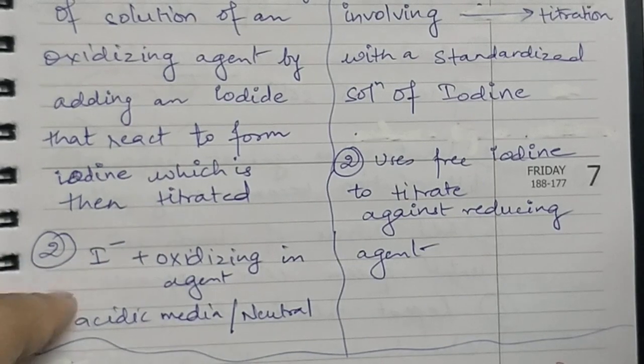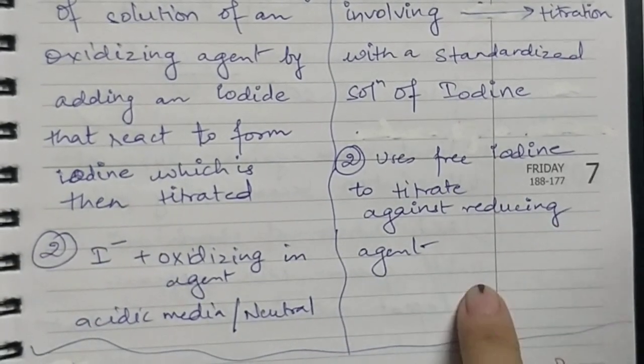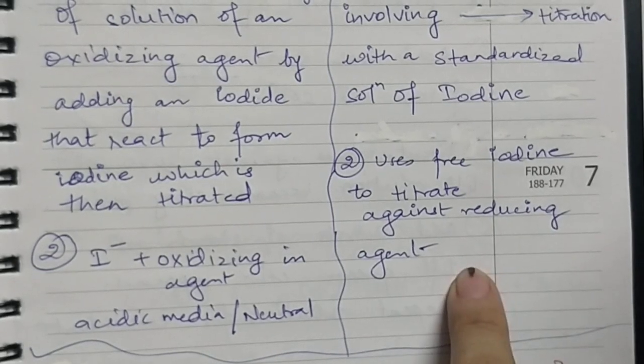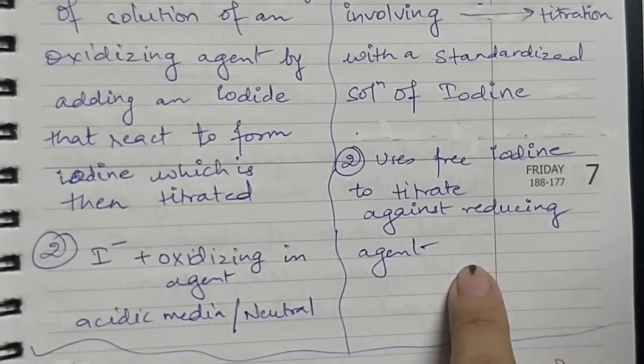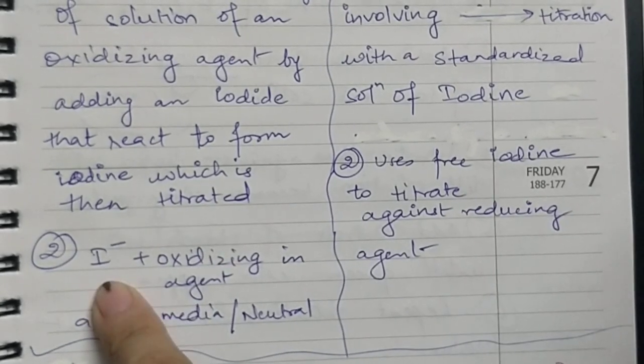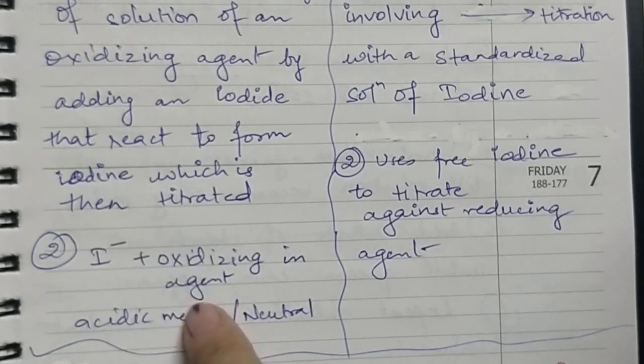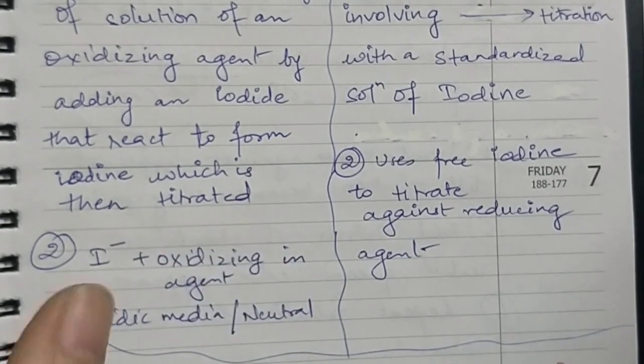So here the iodine is liberated in the vessel in situ. Here free, standardized iodine is used for titration. That means iodine is getting liberated somewhere and you are directly titrating it. Here you are liberating iodine with the help of an oxidizing agent which you want to quantify.